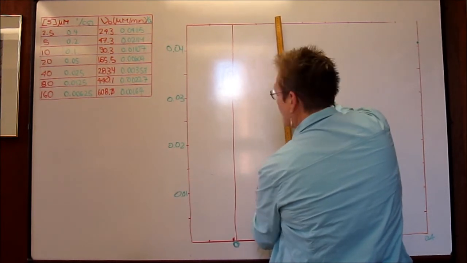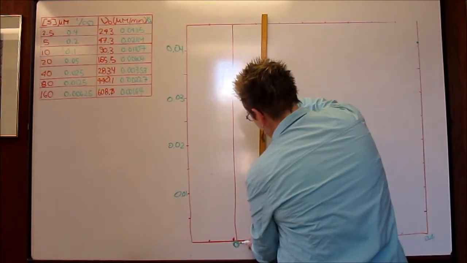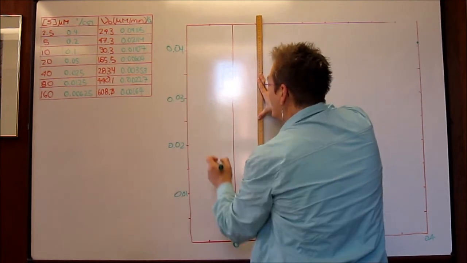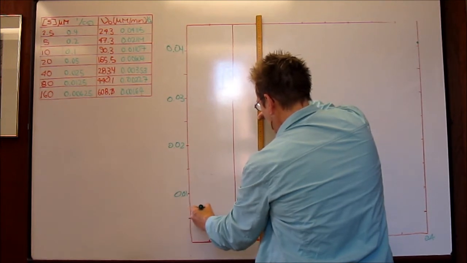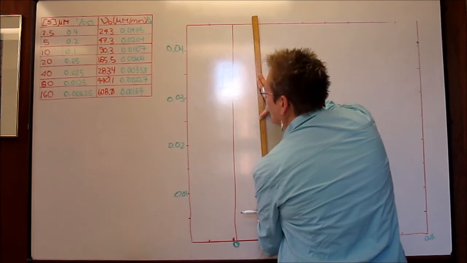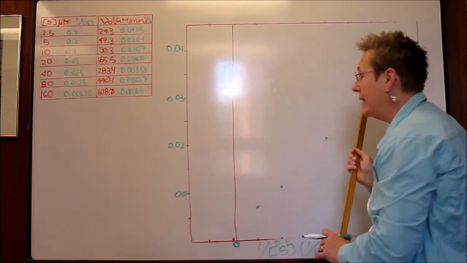Really a lot easier to do this when you've got lines. 0.05 here is going to be at 0.0064. So that's 0.01, that's 0.005, so 0.0064 somewhere in here. I'm actually going to stop plotting now because I can't really do that very easily, but you would fill in the points in here. Alright?